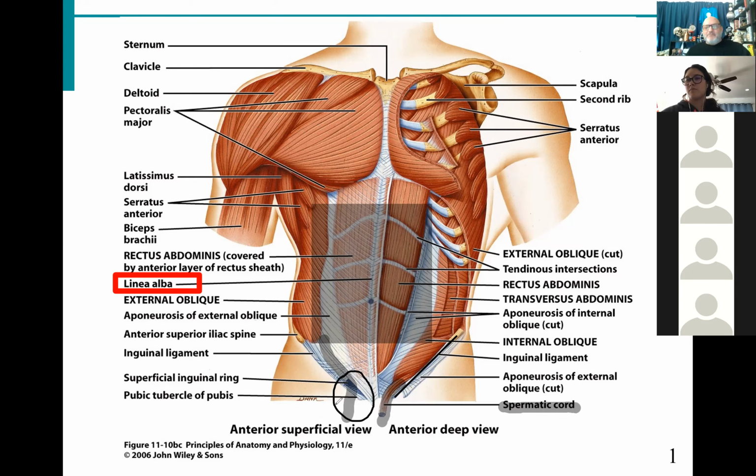Now notice, in males, an inguinal hernia is quite common. Do females get inguinal hernias? I don't think so. No, it would be very, very rare. I can't say that it's never happened because it is a potential space, but it is very, very rare. However, is there a location where both males and females are equally likely to get a hernia? Yes. Where would that be?